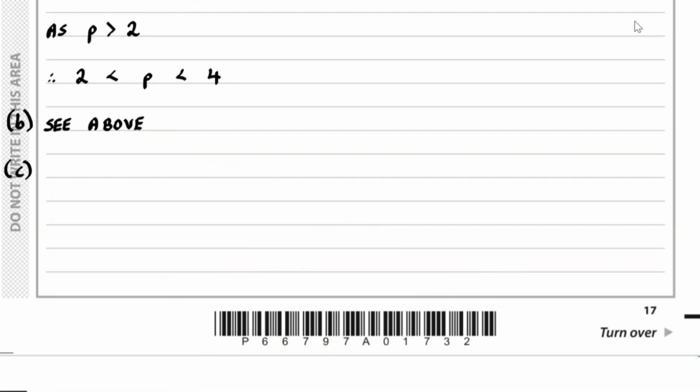So the area is given by 1/2 lots of the integral from 0 to 2 pi of r squared. Now we know what r is.